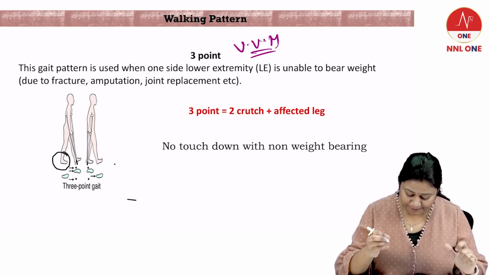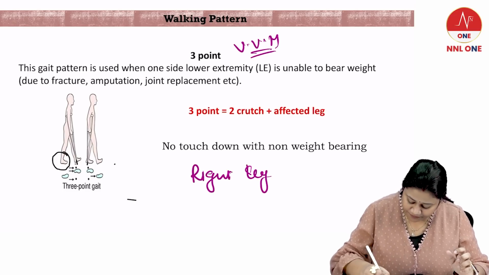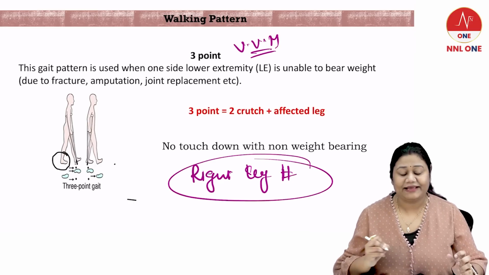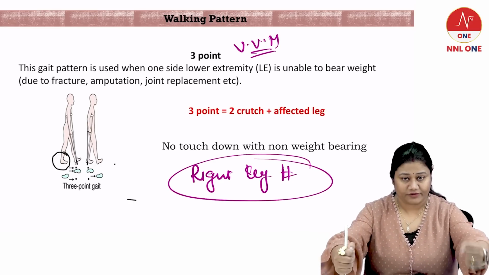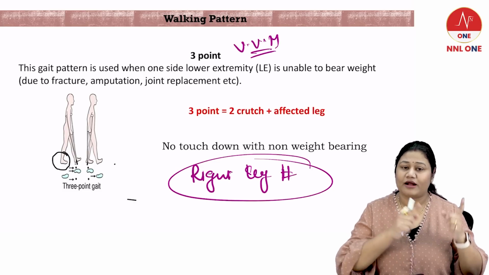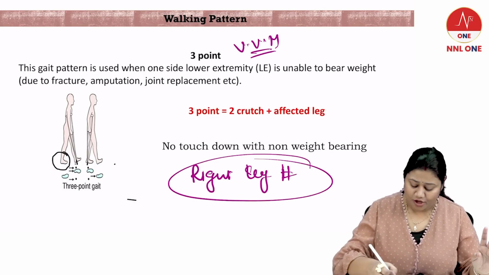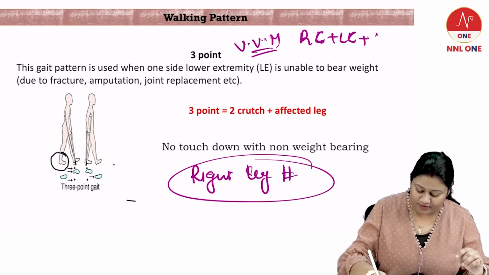So let's take an example. Here we have a right leg fracture. If you have a right leg fracture, how will you move? You will move both the crutches forward, the right and left side, and along with these crutches you will move your affected leg. As simple as that. Both crutches, right crutch plus left crutch plus the affected leg, which is your right leg.